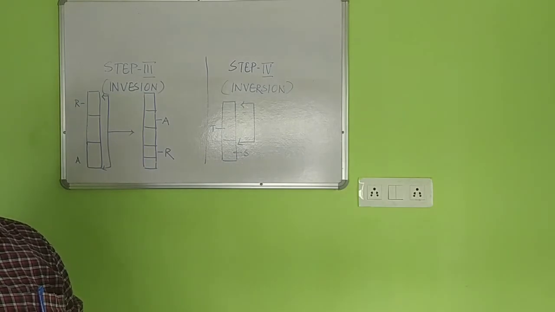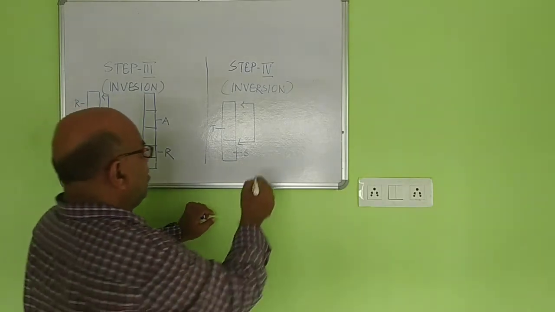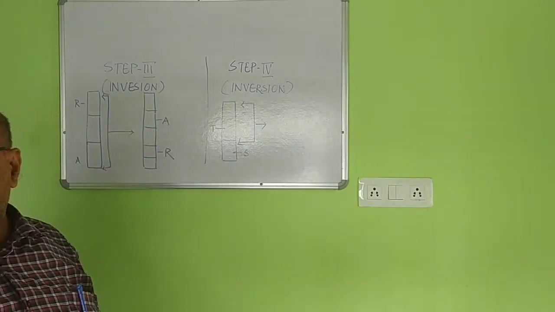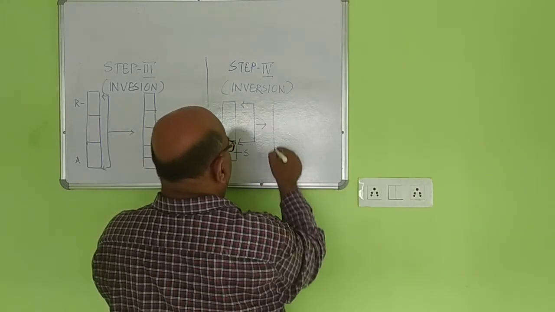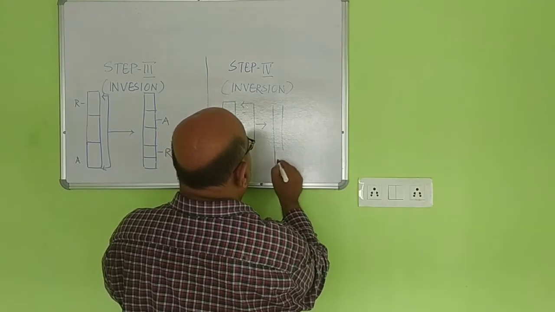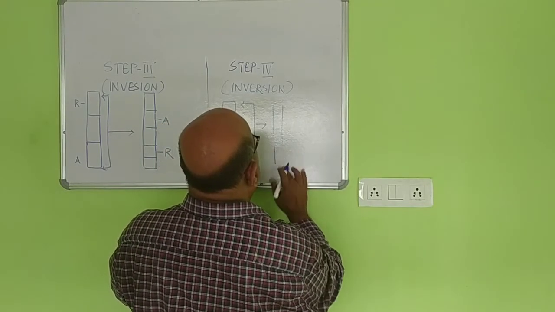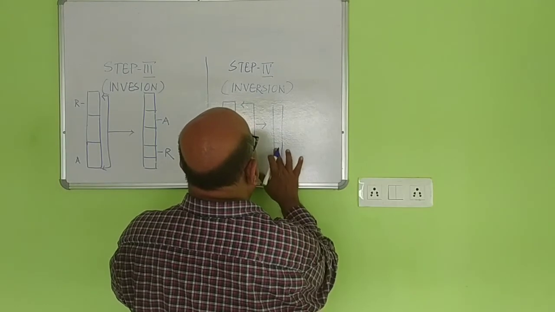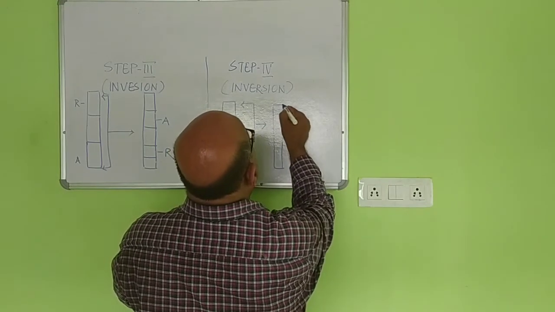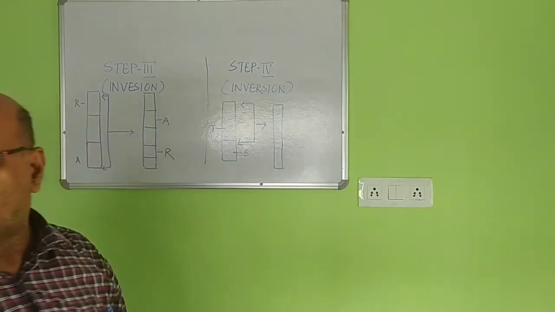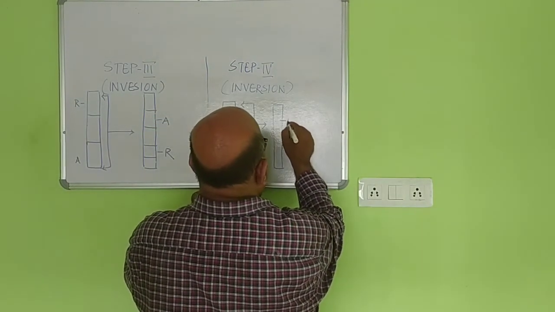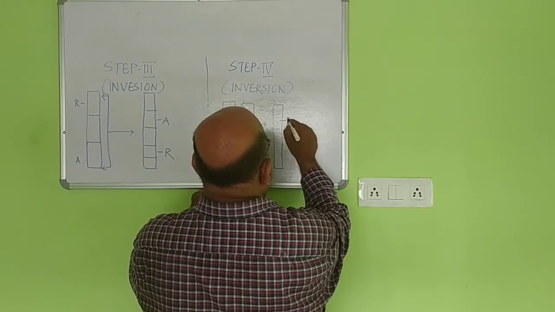Then ultimately you can get one exchange body. You see that due to inversion, it changes its position.